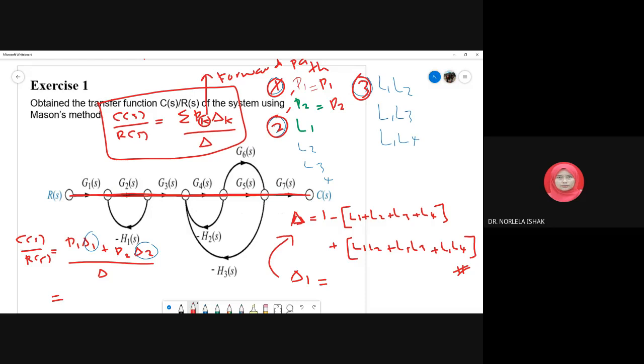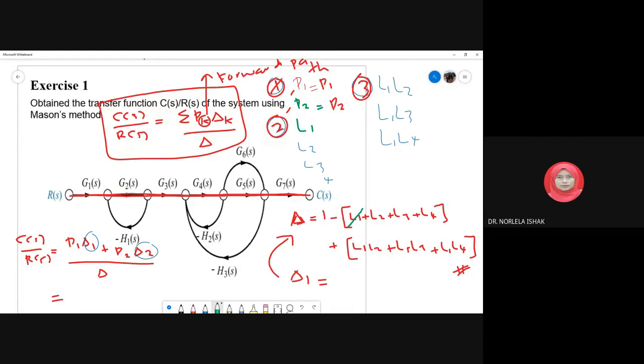So if we want to find cofactor 1, refer to P1. So any loop touching forward 1. How about L1? Touching or non-touching with forward number 1? Touching. If touching, we eliminate it from the determinant.